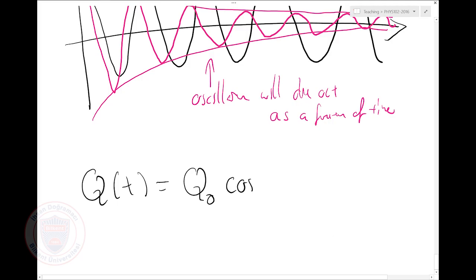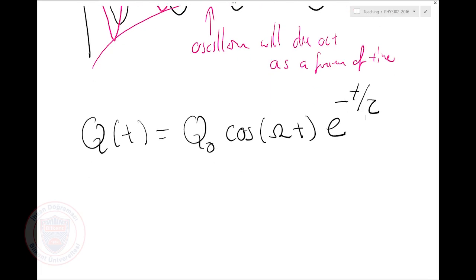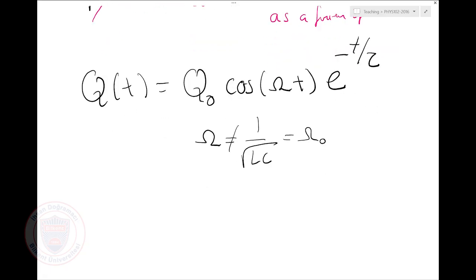I will again have this cosine omega t kind of behavior, but I will also have e to minus t over tau behavior in my solutions. And omega will not be equal to 1 over square root of LC, which we'll call omega 0. It will be a more complicated form, and tau on the other hand will be again L over R.